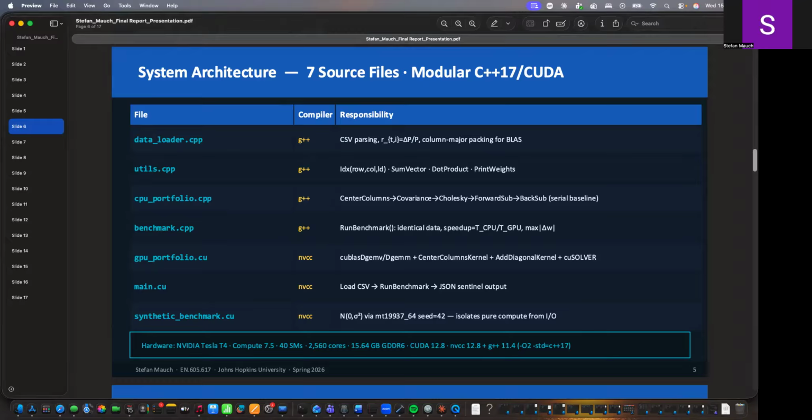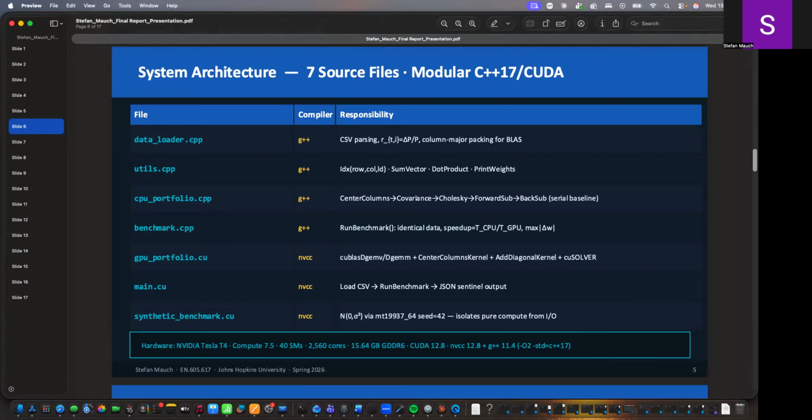The CPU portfolio implements the Global Minimum Variance pipeline. So column centering, covariances, Cholesky factorization, forward and backward substitution, etc. And yeah, that's a baseline for these portfolio optimization techniques.